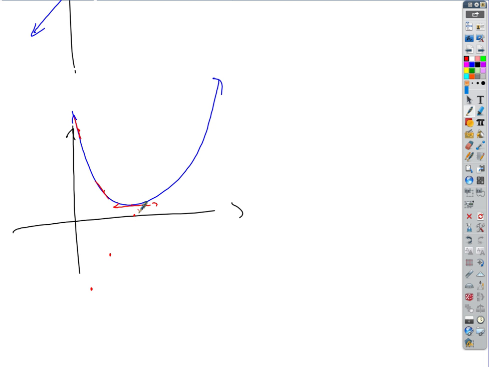Yeah, because that's the horizontal part of the tangent. And then it's symmetrical, isn't it? This is just presumably a parabola. So it's symmetrical, so over on the right, the slope is increasing at a steady rate, and so we're going to continue our trend, and it's just going to look like that. Okay, make sense?